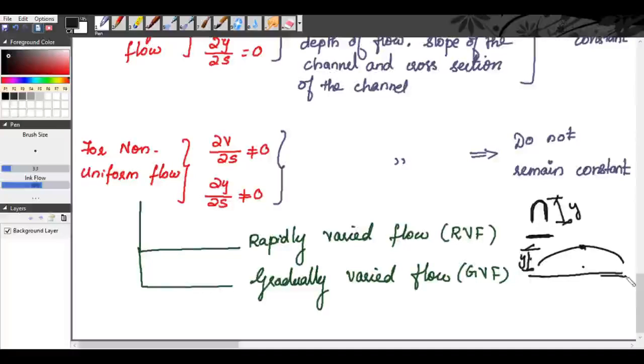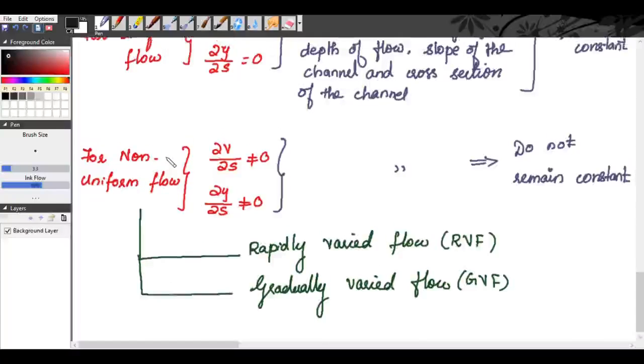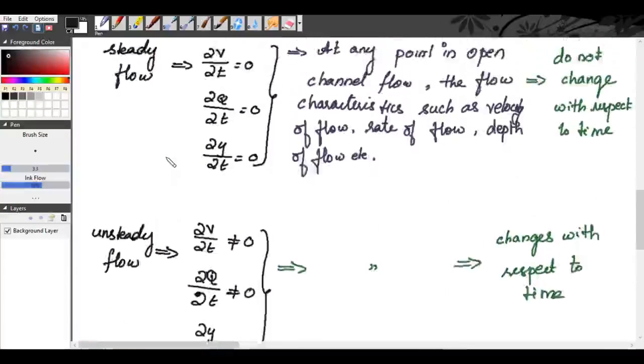The length is larger in the case of gradually varied flow. So you see, automatically this will be rapidly varying flow and this will be gradually varying flow. So this non-uniform flow is classified into rapidly varied flow and gradually varied flow. We will study this in detail.